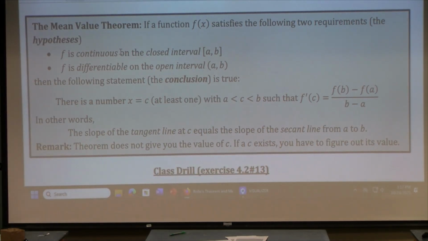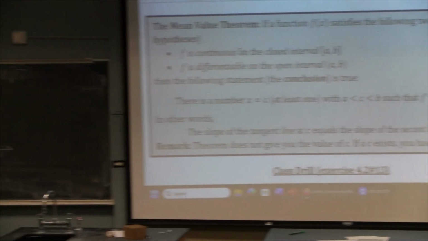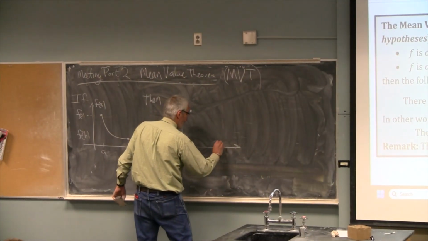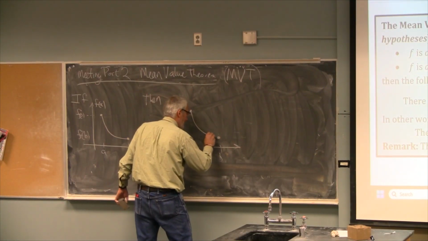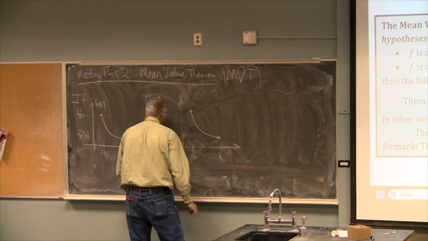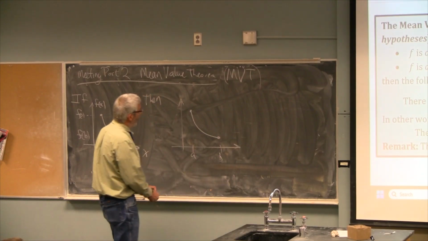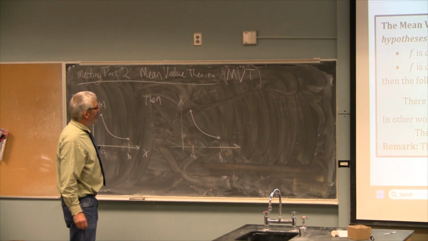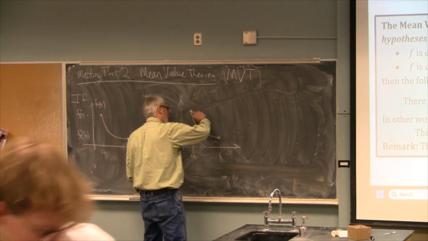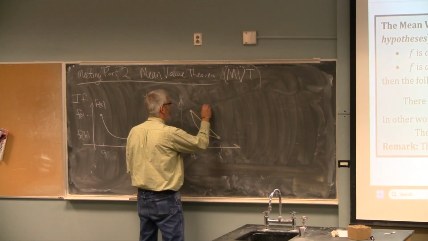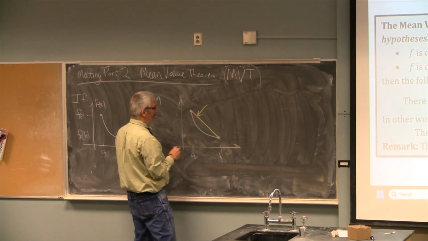So let's illustrate that in our picture. Here's my A, here's my B. Here's my graph coming down here. So I need to draw a secant line, the secant line that touches the graph at those endpoints. So that would look like this. It's a bummer, I'm out of green chalk, so I have to use yellow. I like doing secant lines in green.